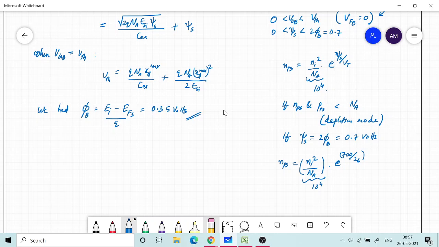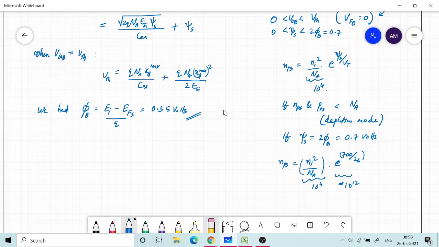As I told you, 60 millivolt corresponds to multiplication by a factor of 10. How many 60s are there in 700? So roughly if you look at in 600 you have 10 to the 10, and then in 700, if it was 720, then approximately this factor is going to be 10 raised to 12.